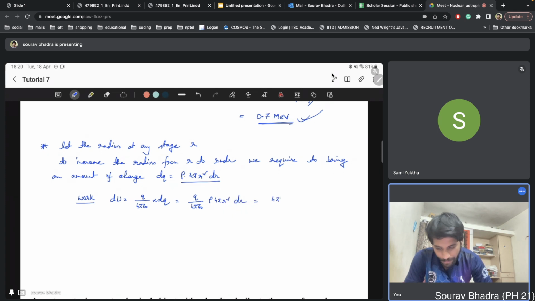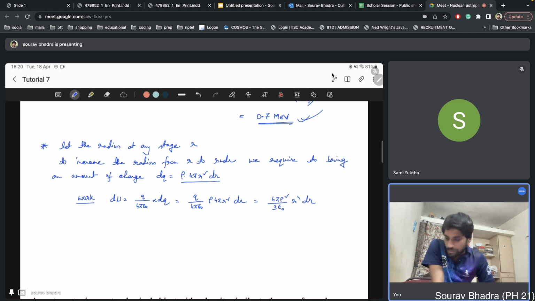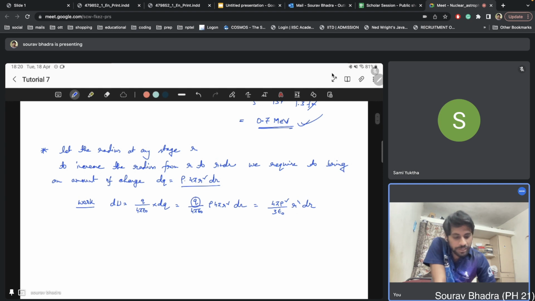So it will be 4 pi rho square by 3 epsilon 0 r to the power 4 dr. Yes, that means we have written everything in rho. So this q we have expressed as 4/3 pi r cube into rho, as rho was my charge density. That's why you can see this expression is solely dependent on rho and q is not there.